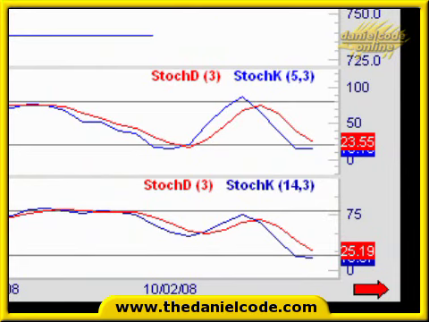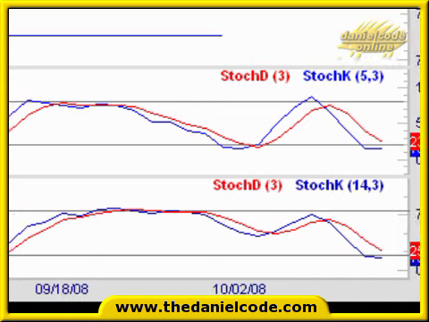Now a stochastic is just a pictorial way of representing where price is in relation to where it was on the period that you set it for. And then there's a mathematical expression that converts that into an oscillator. That is, it will move up and down the chart and express itself as a number between 0 and 100.